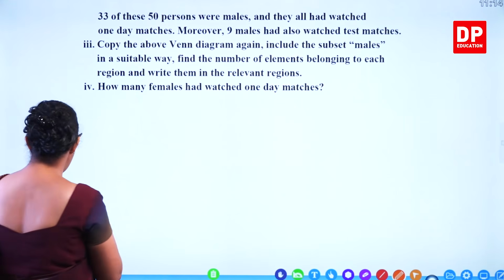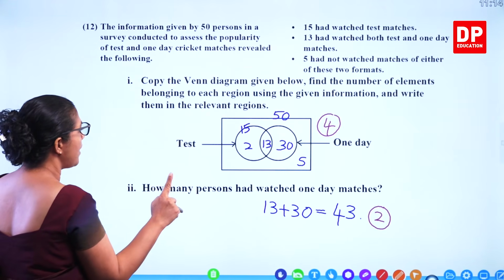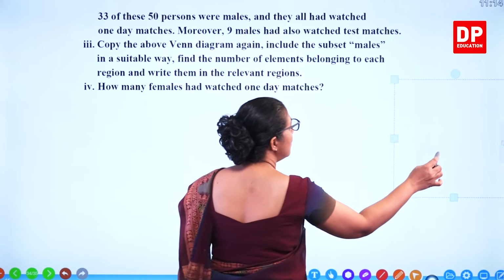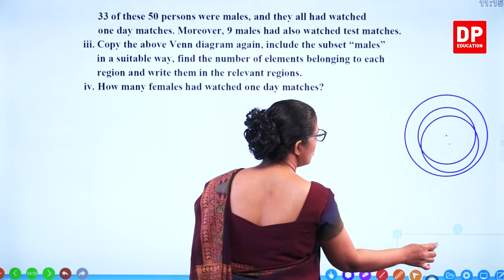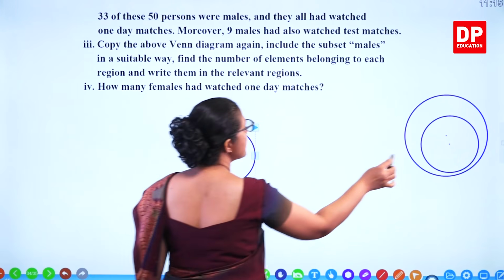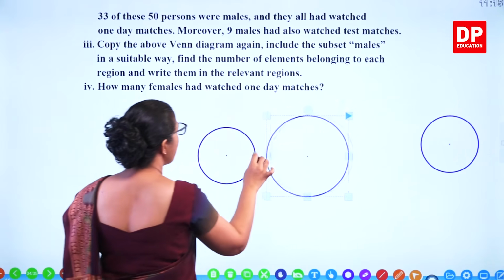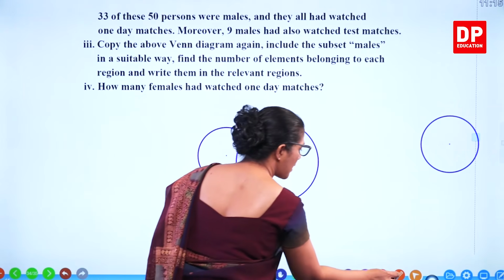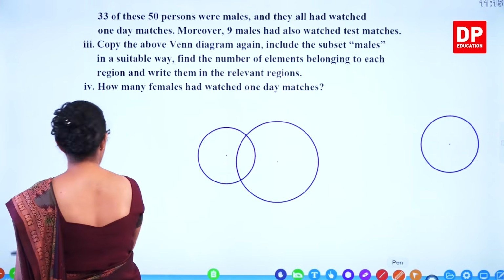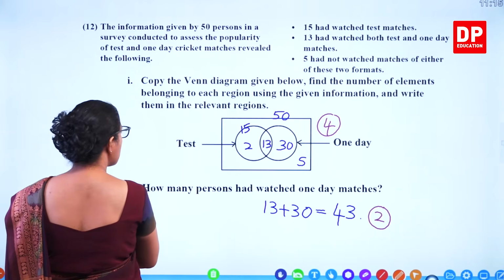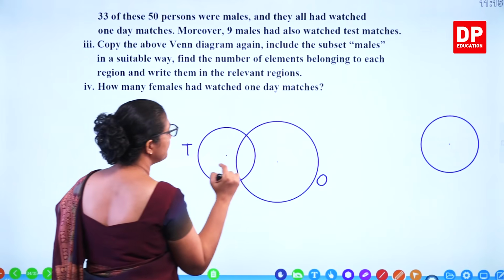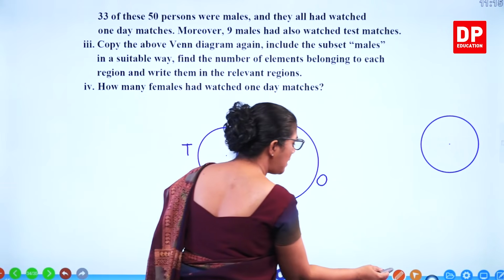So what are the 2 circles? Test, one day. So here first you can draw the 2. Test and this one. So that's the first part. So this is this circle, test matches, and this is one day. I'll put T and O. And male circle.